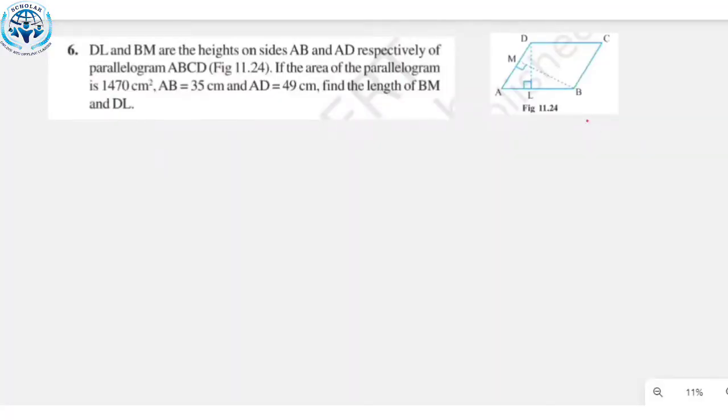DL and BM are the heights on sides AB and AD respectively of parallelogram ABCD. If the area of the parallelogram is 1470 centimeter square, AB is 35 centimeter and AD is 49 centimeter. First of all, AB is the base, then height is DL.